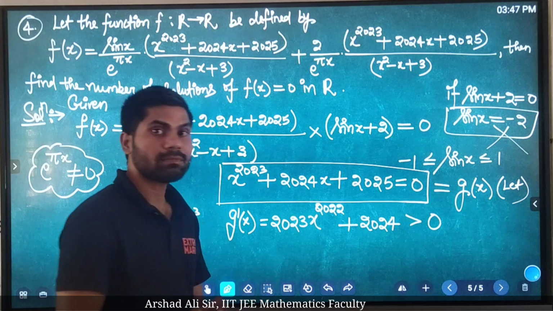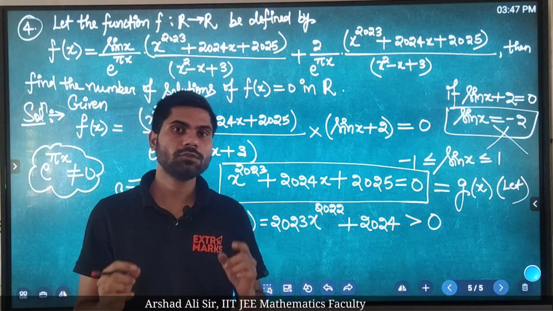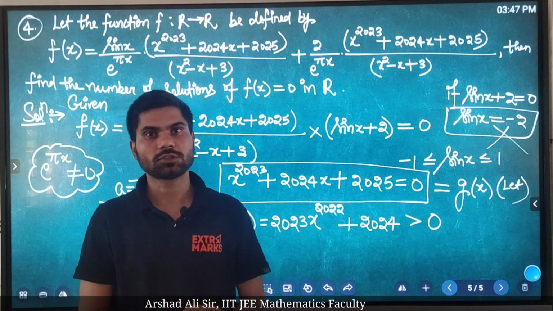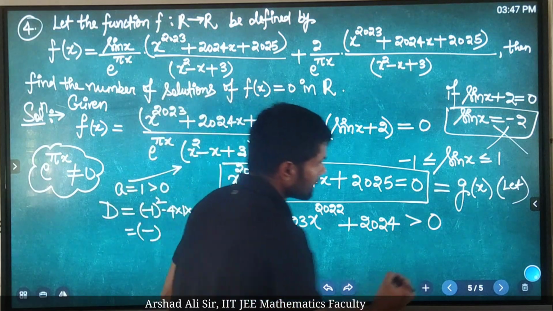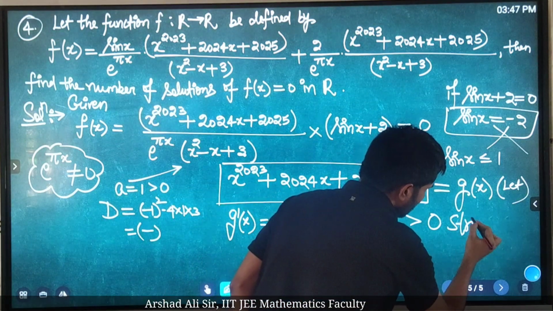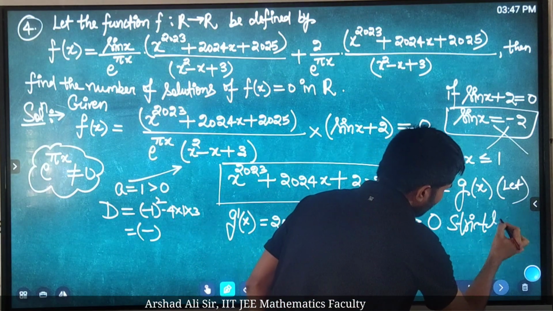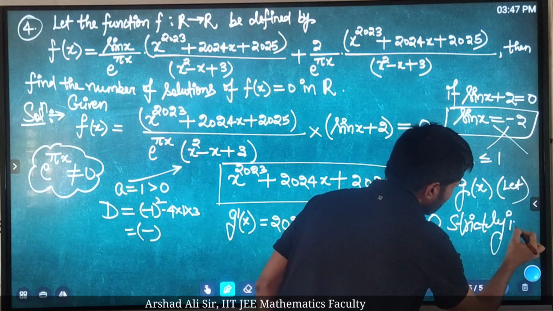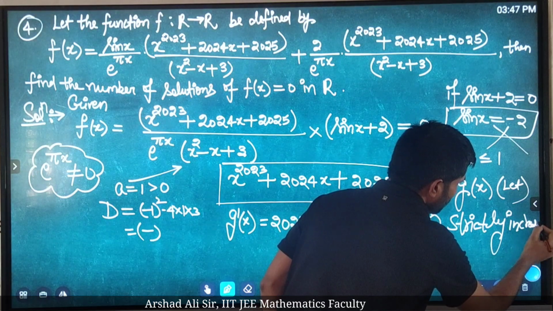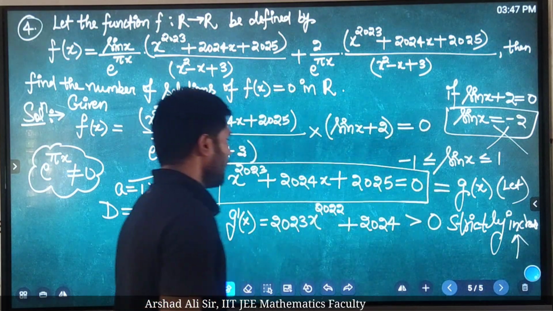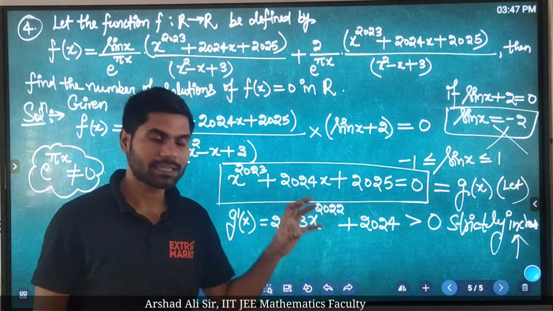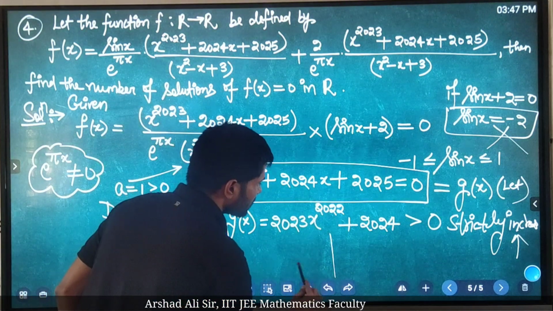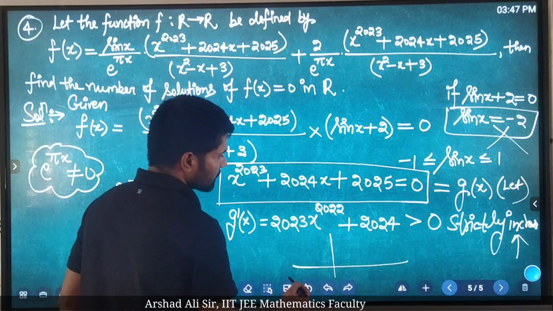And now we know one thing, in application of derivatives, if a function is always greater than 0, that function will be strictly increasing. So this function is strictly increasing function. And if this function is strictly increasing function, we will get only one solution. Graph will be like that.